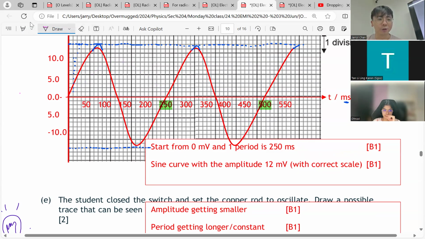Let's go with 10, 150, 300, 450, 600. Okay, let me try to do it properly.